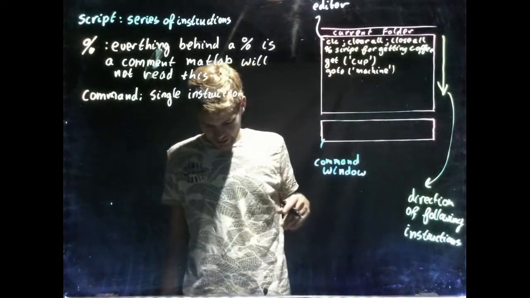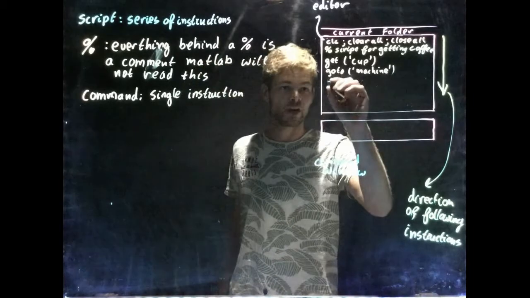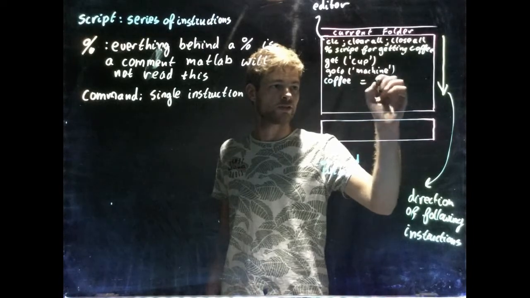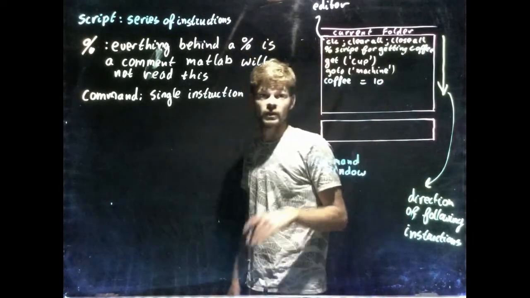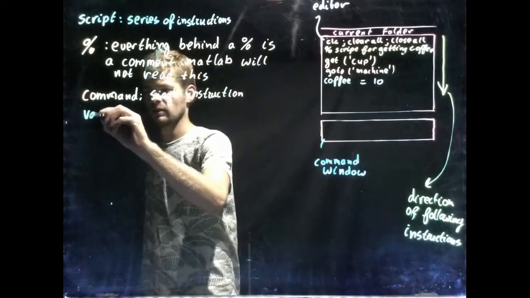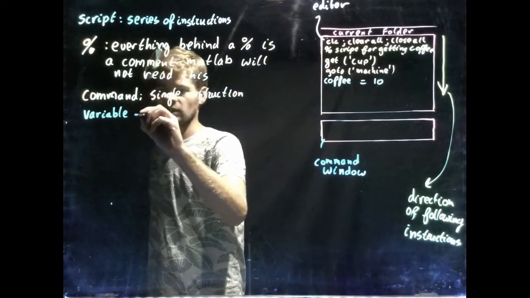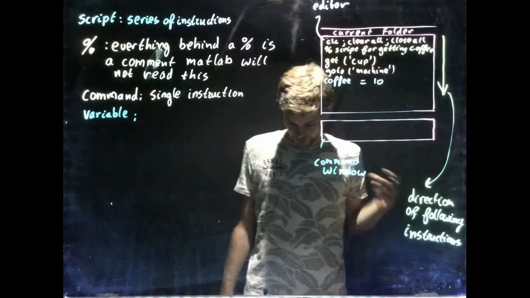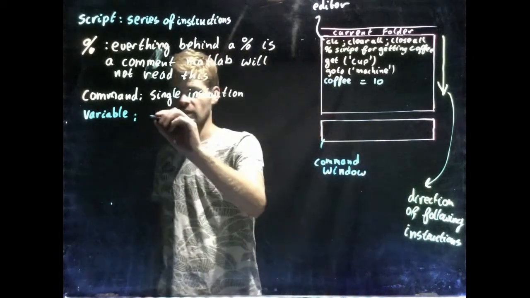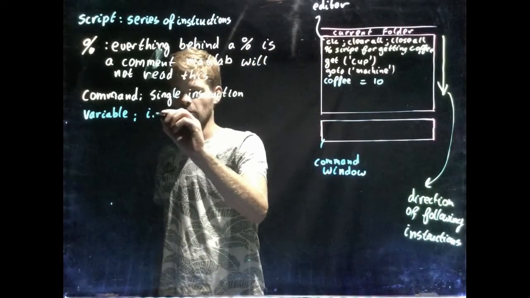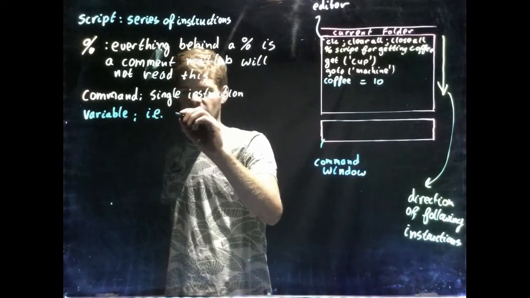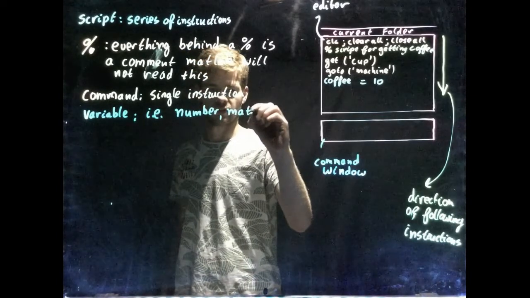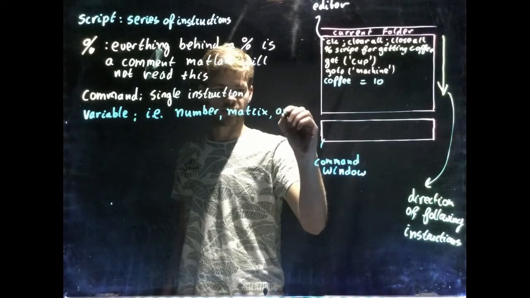Well, now I want to make a variable, and a variable can be coffee is 10. I don't know. So now I have a variable that has the value 10. A variable can be a number, a matrix, another type of array.